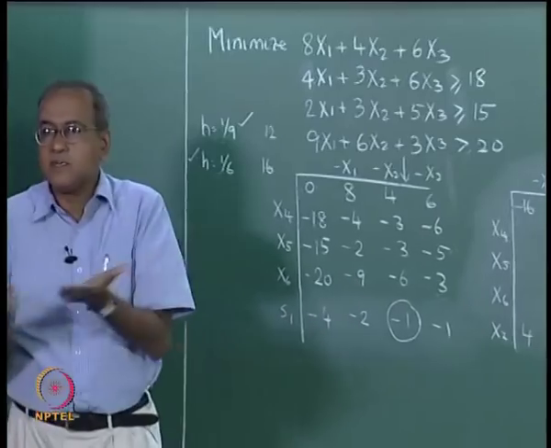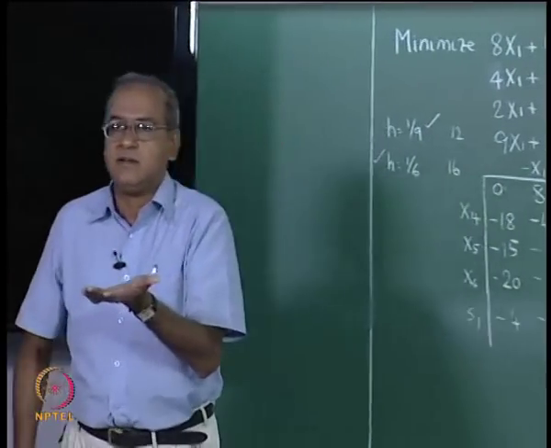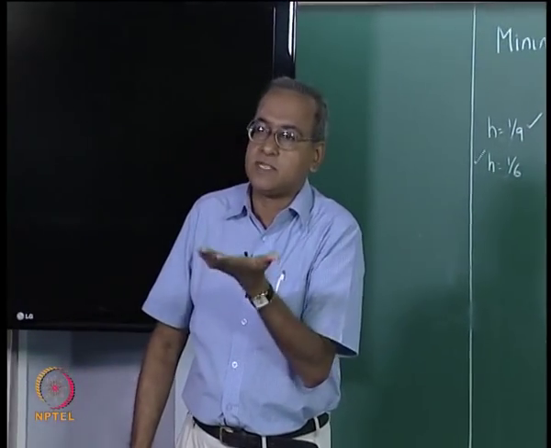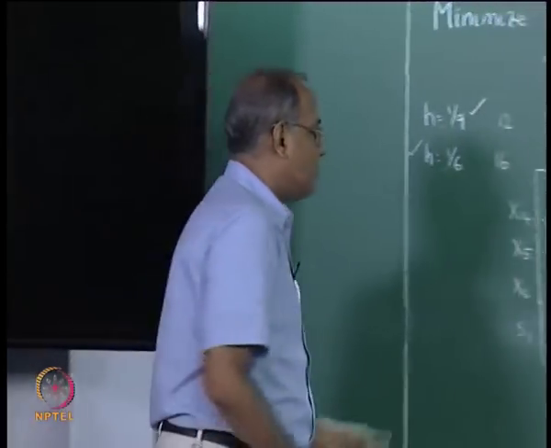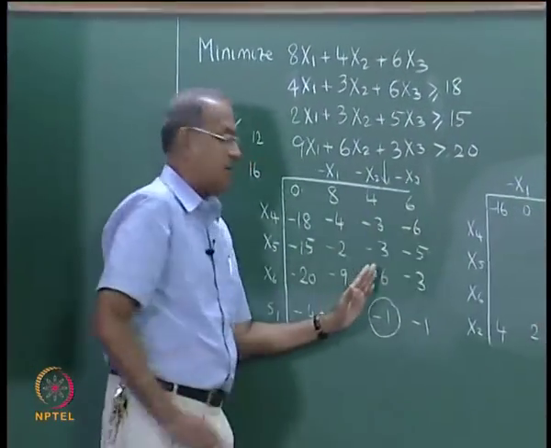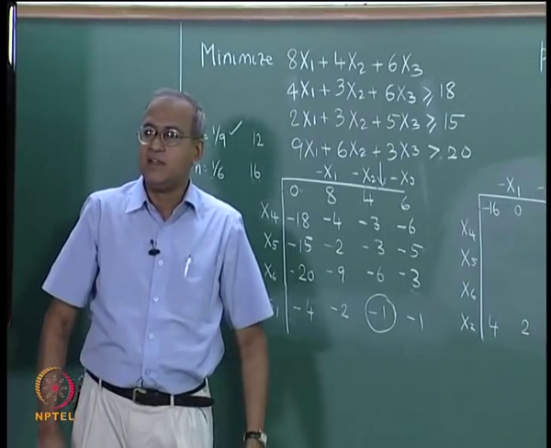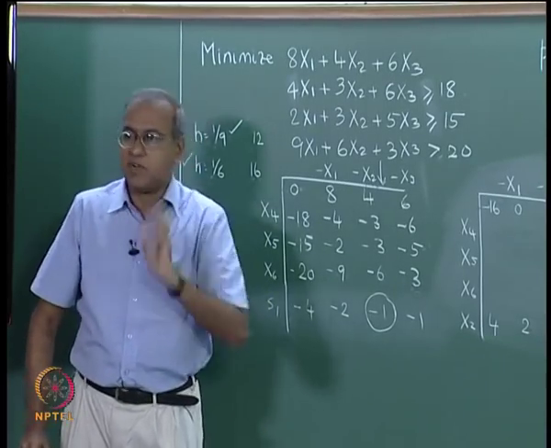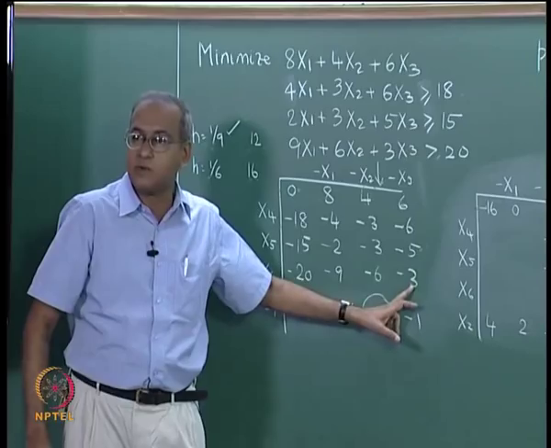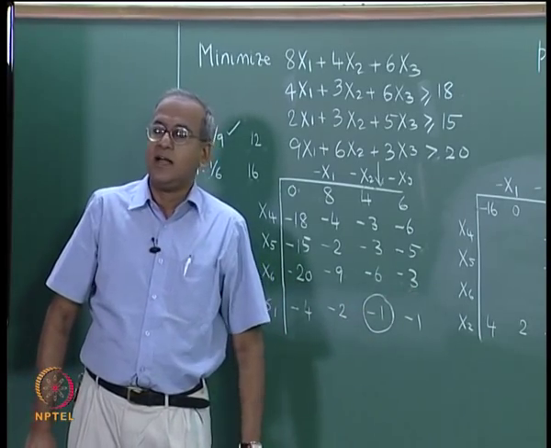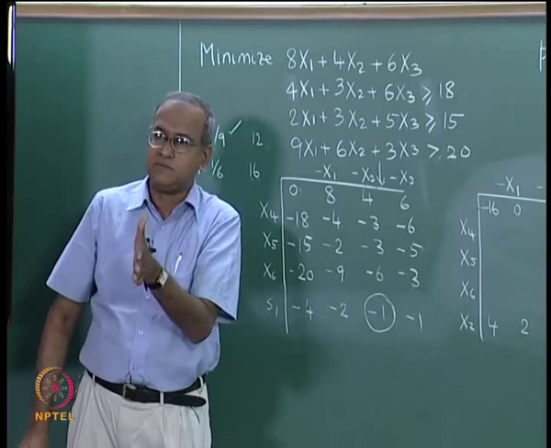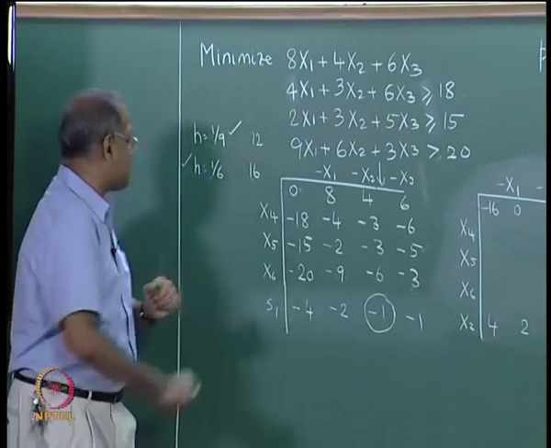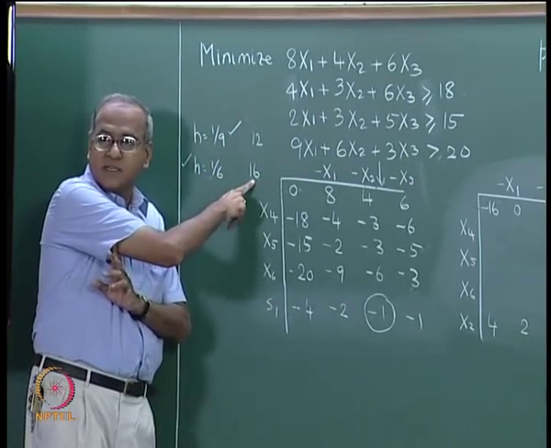So, our computation should eventually lead us to that, and it should be able to give a h such that going beyond that h, 1 by 6 in this example, will give us infeasibility, which is what was shown by this 1 by 3. At the same time, that value should be a limiting value which can give us the so called maximum increase of this 16.